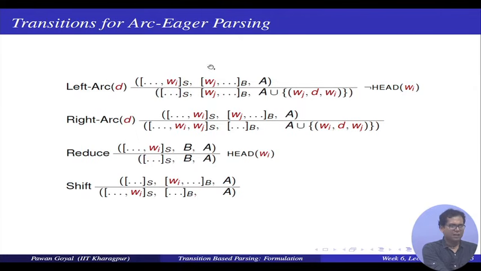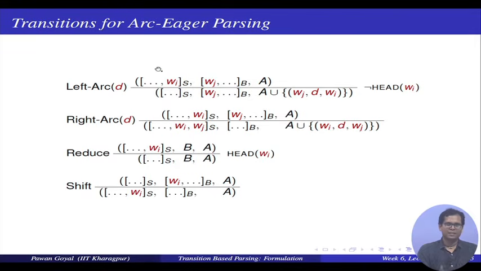Left arc means I am making a transition from Wj to Wi. This is the left arc, because the words are occurring in the same order that they occur in the sentence. So, there is an arc from Wj to Wi.